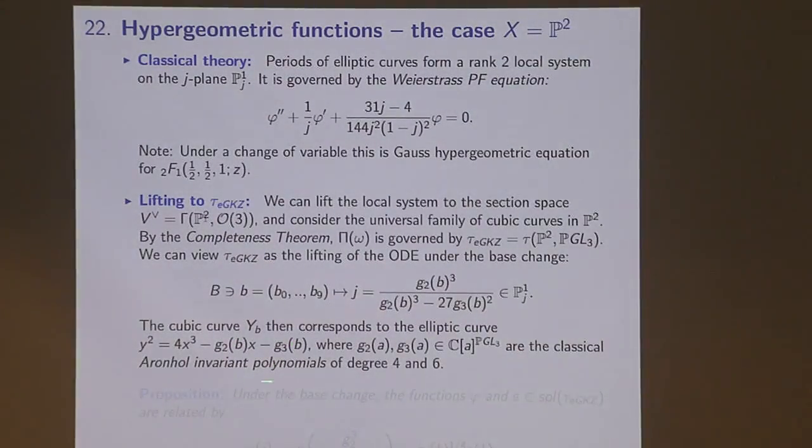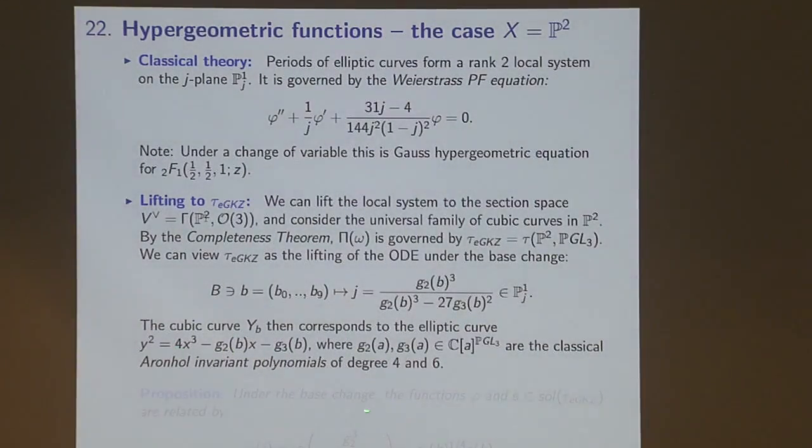And it turns out that, again, it's known that the Eisenstein series can be expressed in terms of invariant polynomials of the group PGL3. So these invariant polynomials are degree 4 and 6, and they're actually known classically as Aronhold invariant polynomials. And their formulas are known explicitly. So the degree 4 polynomial has about 60 terms, and degree 6 has about 100 or so terms.